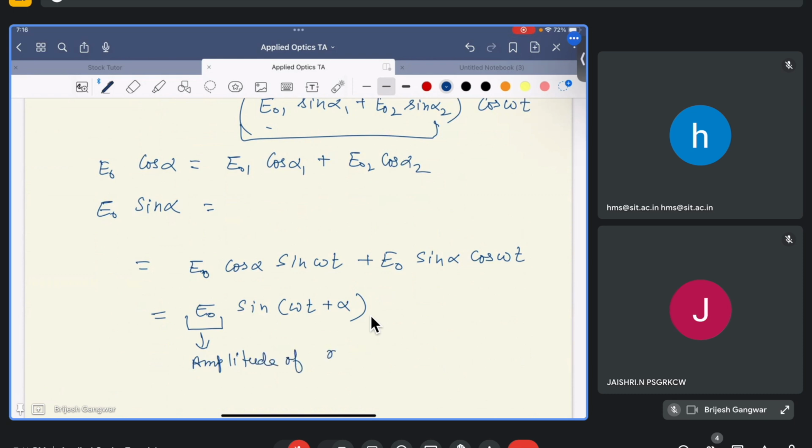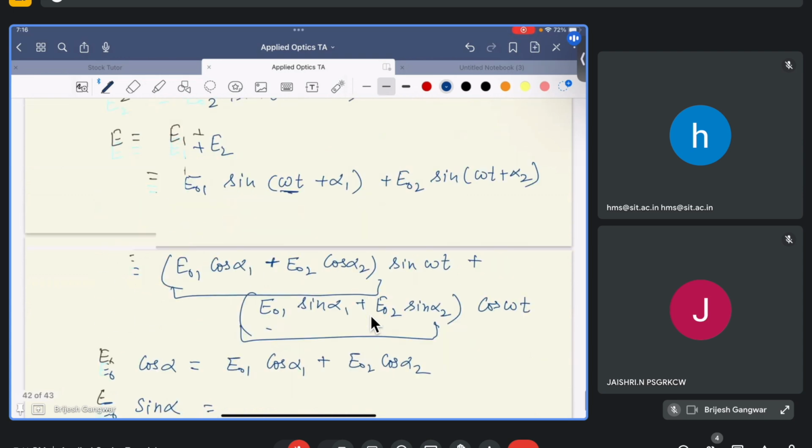Now the resultant wave has this amplitude, the amplitude of the resultant wave. Similarly, this one will be the phase of the resultant wave, or you can say the spatial phase, and ω will be the same because we are considering the same frequency. You can consider different frequencies also.